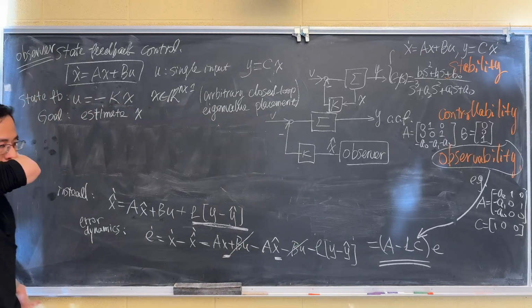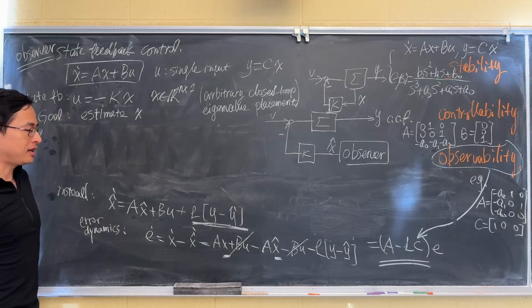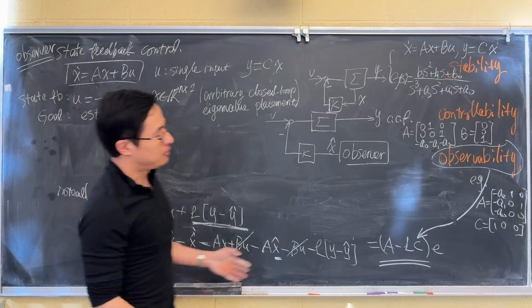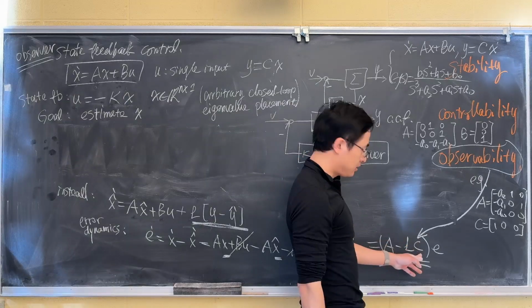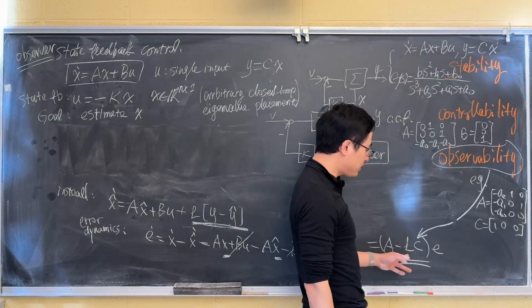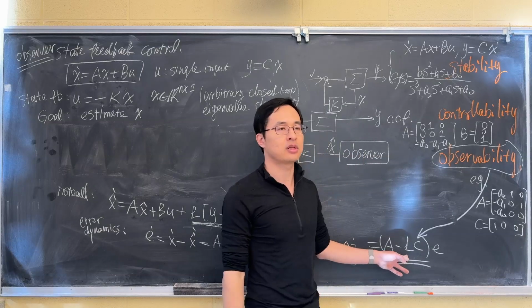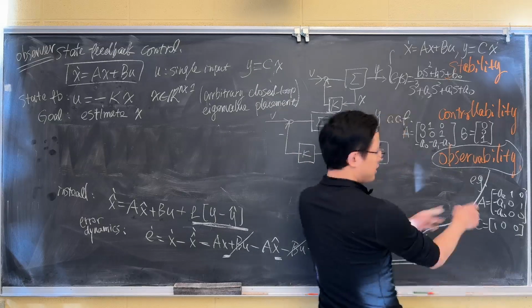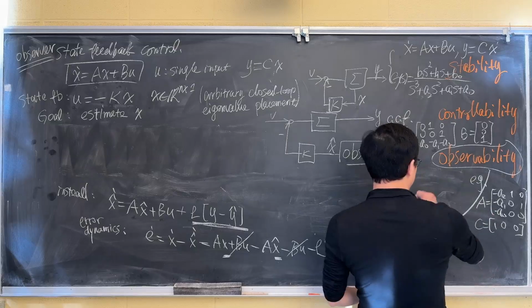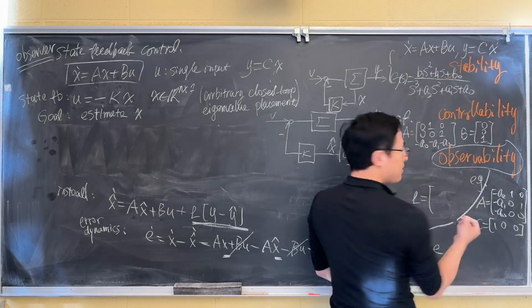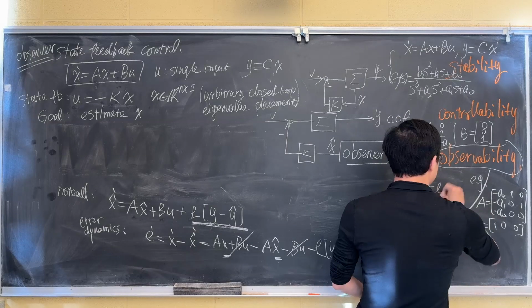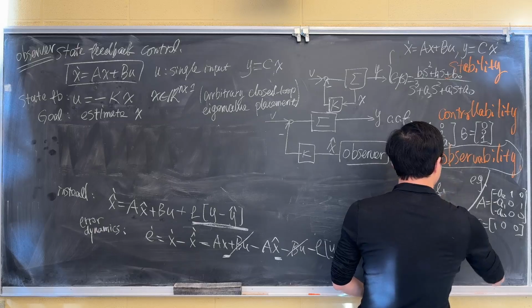All right, let's work on the dimension first again. If C is this row vector, what is the dimension of L to make things work? N by 1, and then in our case, N is 3, so L should look like this. N by 1, one column, let's say L1, L2, L3.